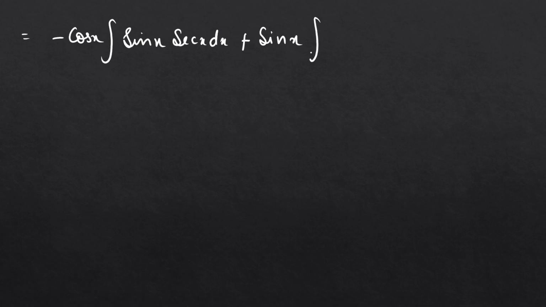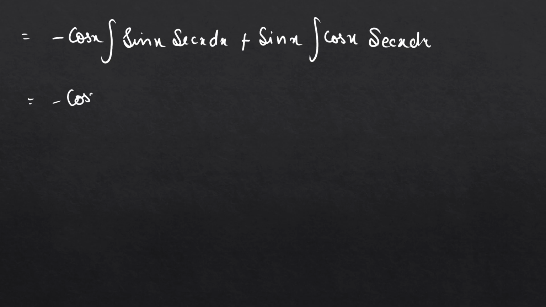It is minus cos x integration of sin x into secant x dx, plus sin x integration of cos x into secant x dx. We know that secant x can be taken as 1 by cos x.